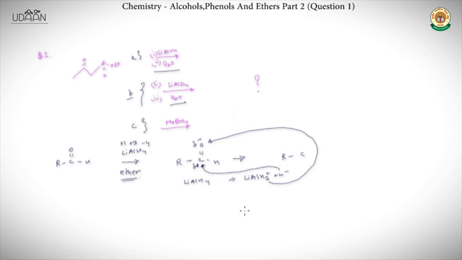Therefore, the compound formed is RCH2O-LiAlH3. So this is the intermediate compound which is formed. Similarly, the lithium aluminum hydride now has 3 more H minus which it can donate. So it will again react with 3 more aldehyde groups. And finally it will form a compound like this.